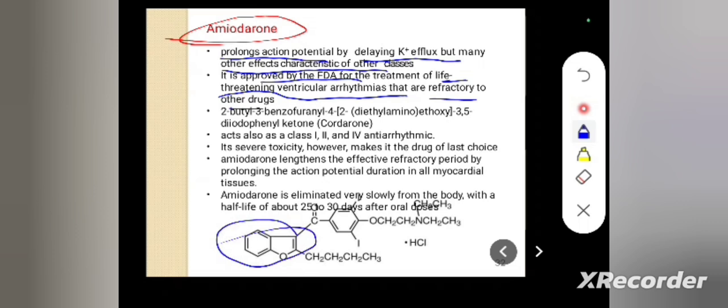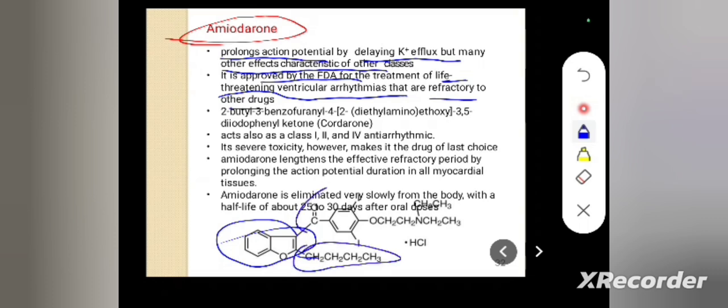On that benzofuran there are substitutions at the third position and the second position.